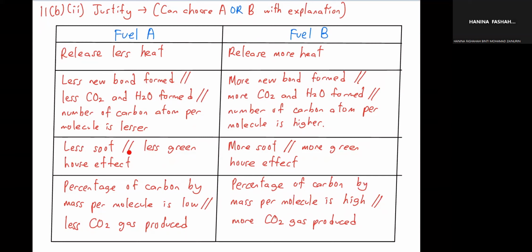So less soot is produced, less smoke is produced. If you have C4H10, the number of carbon is more, so that's why higher. More soot is produced, then the percentage of carbon per mass is higher. More carbon dioxide is produced. 1 mark, 1 mark, 1 mark, 1 mark, 1 mark.